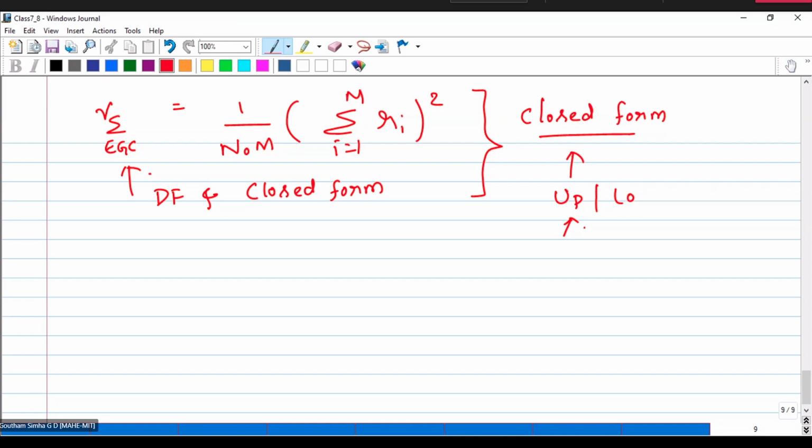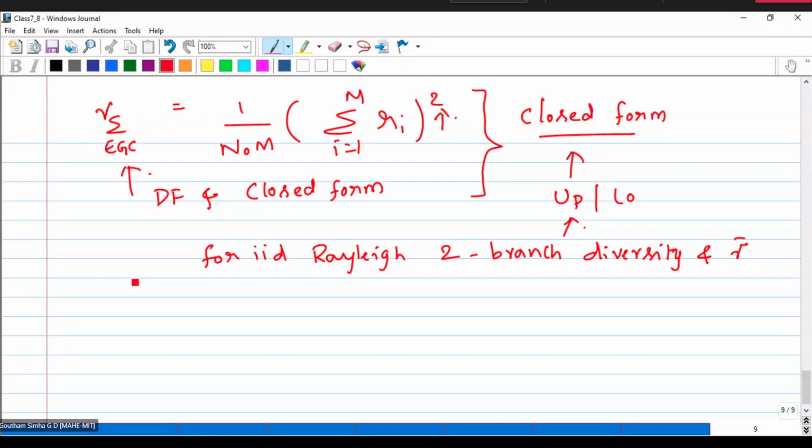For IID Rayleigh fading with 2 branch diversity, I will add average branch SNR gamma bar. An expression in terms of CDF can be written. If I don't have a closed form solution, then I have to use everything in terms of Q function.